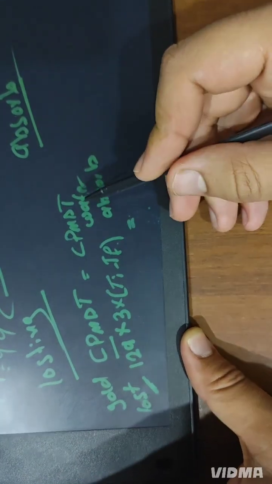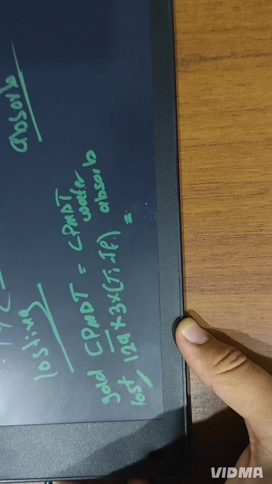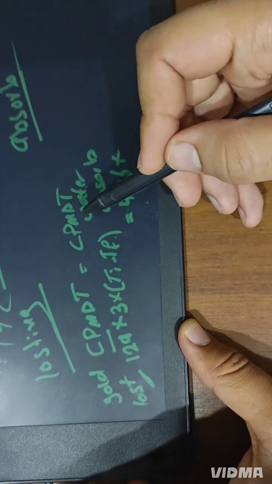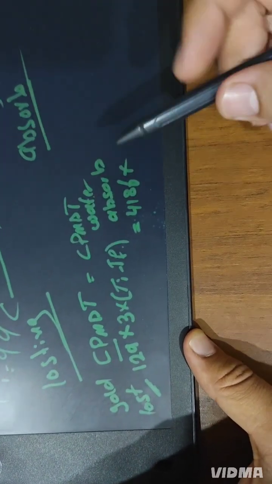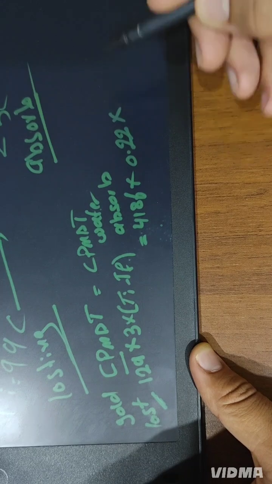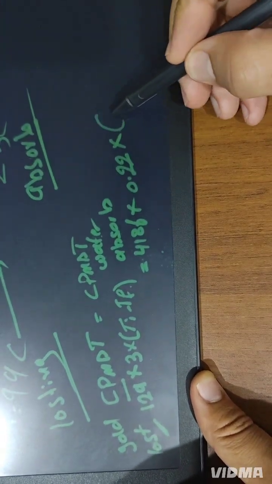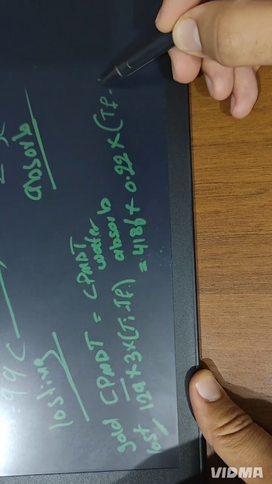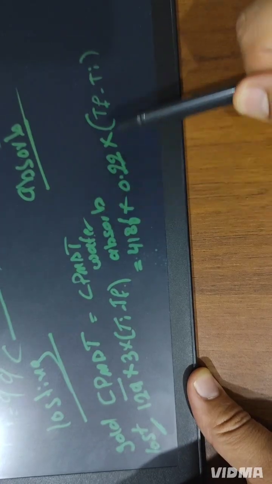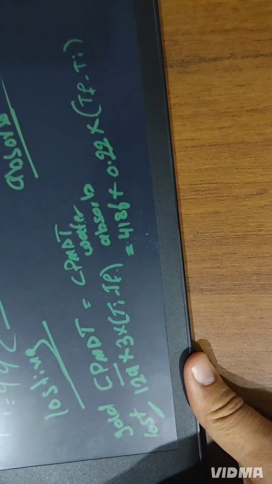But for the right side, the Cp of the water, every time, the number is 4186 times the mass. What was the mass of the water? In here we have 0.22 times delta T, and instead of delta T we can write Tf minus Ti because the water is absorbing. So if we have absorbing, write down Tf minus Ti. But if we have losing, write down Ti minus Tf.